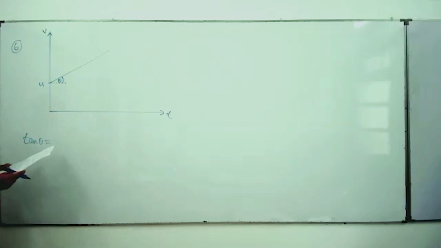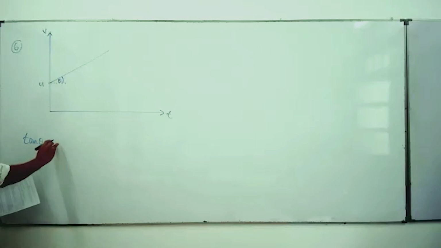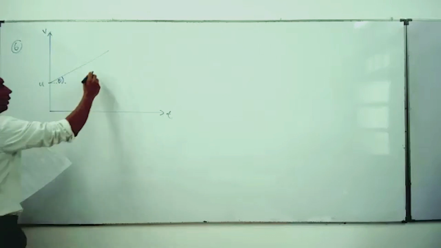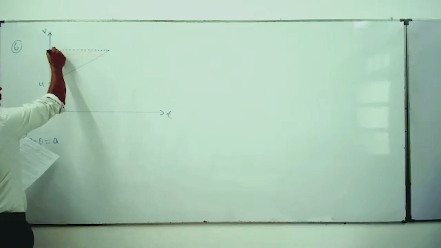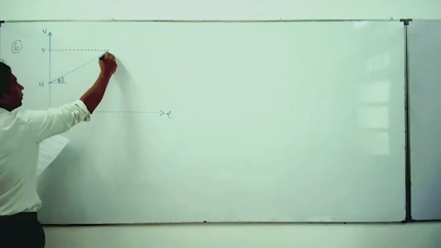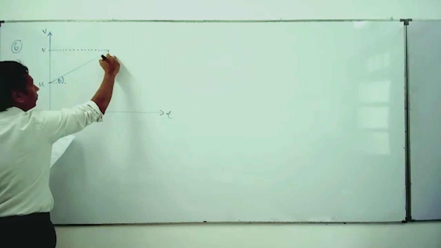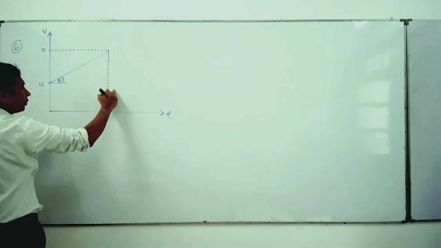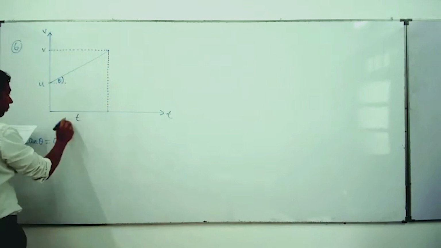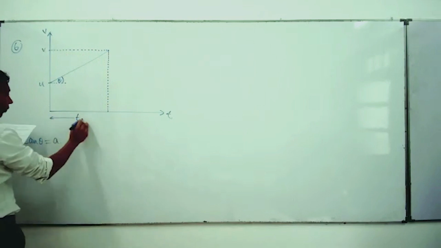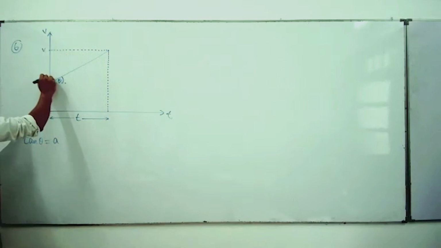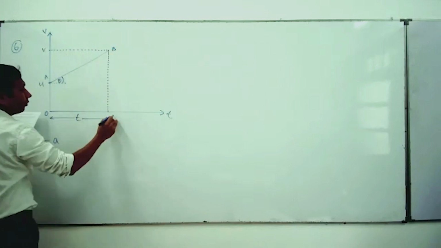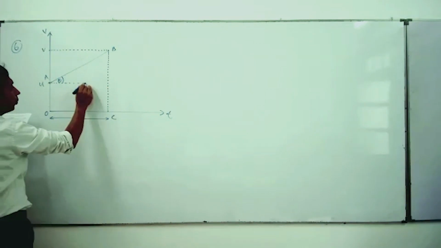Uniform acceleration a, and it reaches the final velocity v. The time taken is t. The displacement is s. Right. This is the VT graph.